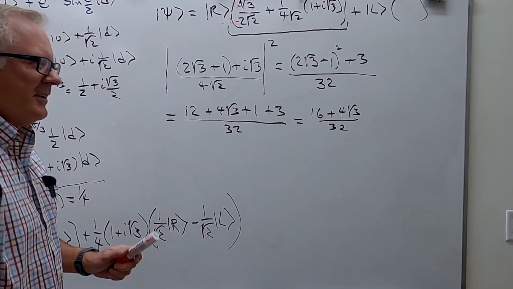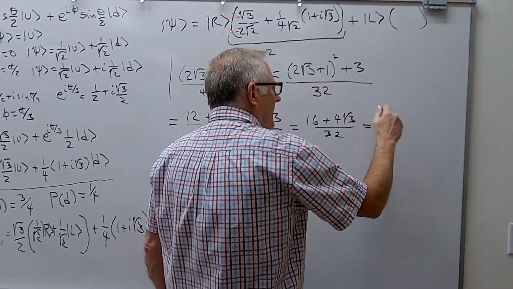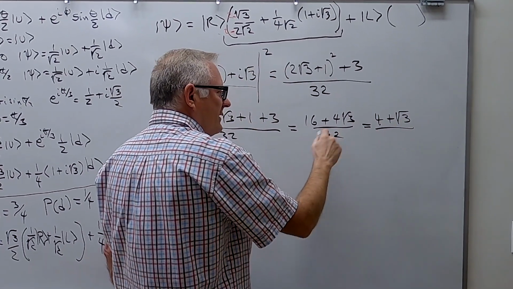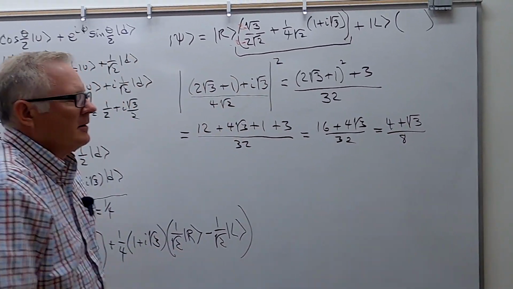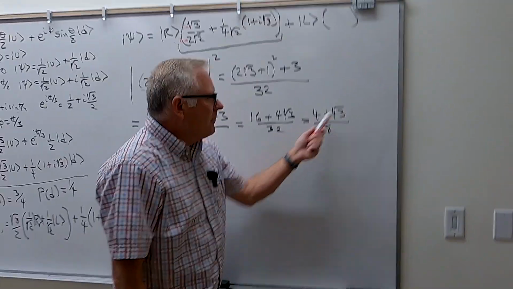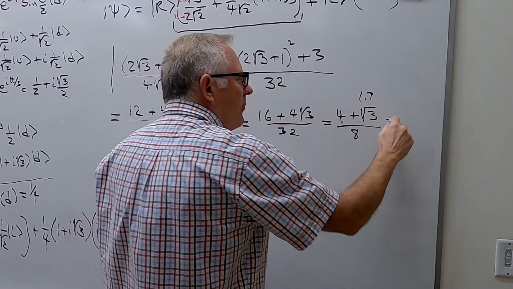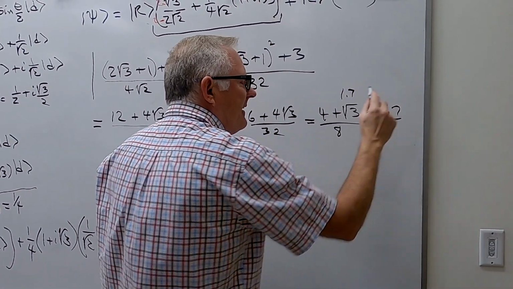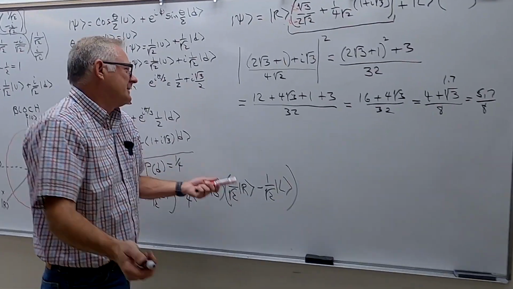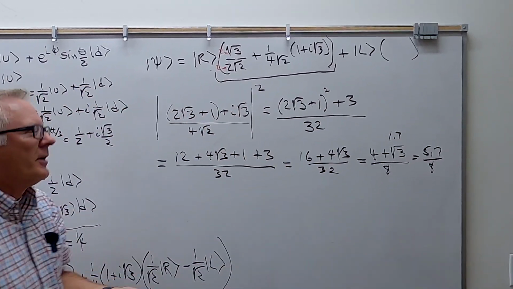Looks like there's a 4 that goes into each one of those. 4 goes into that 4, plus the square root of 3, all over 8. What is that? Well, the square root of 3 is 1.7, so this is 5.7 over 8, which, if I had to guess, is somewhere around 60%, which means that the probability of getting left would be the other 40%.